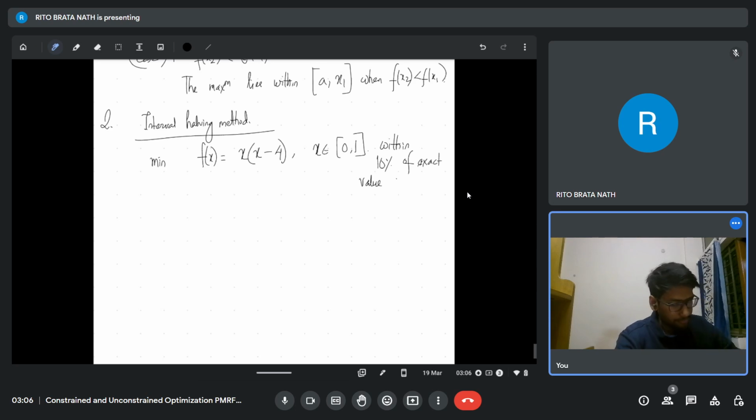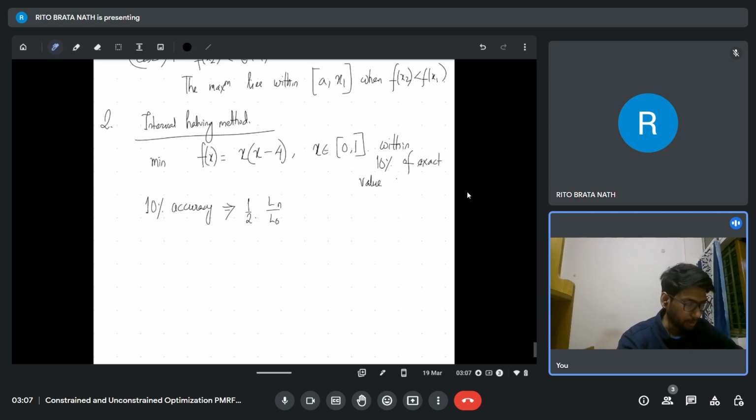So when you have 10% accuracy, in the interval halving method at every step you halve your interval.